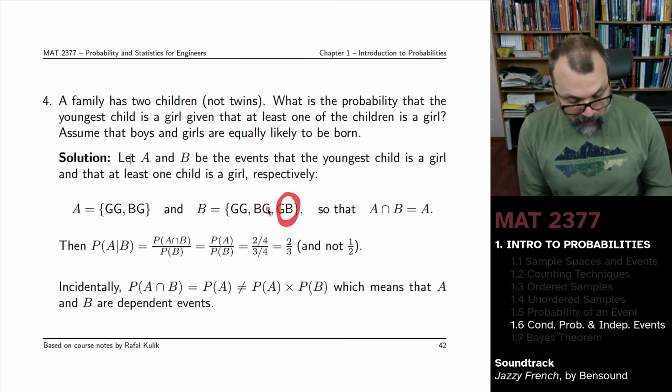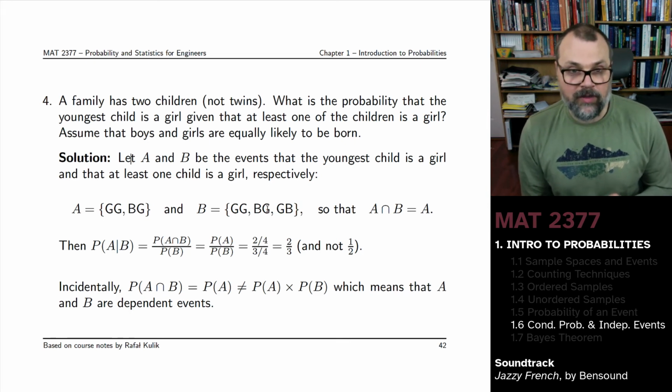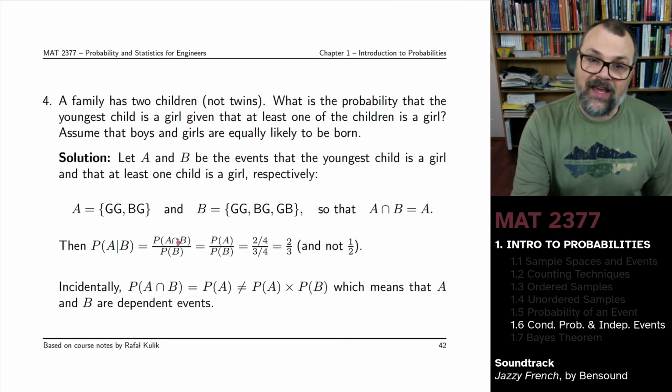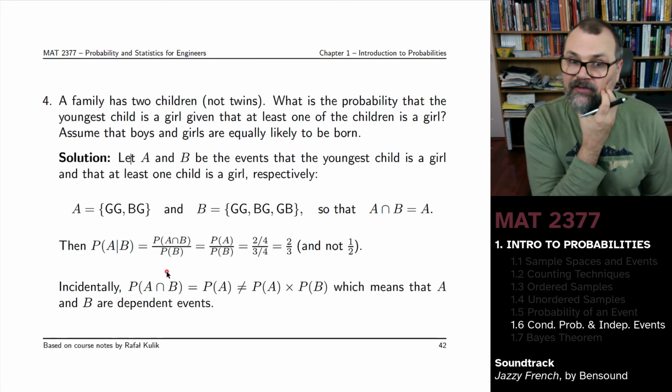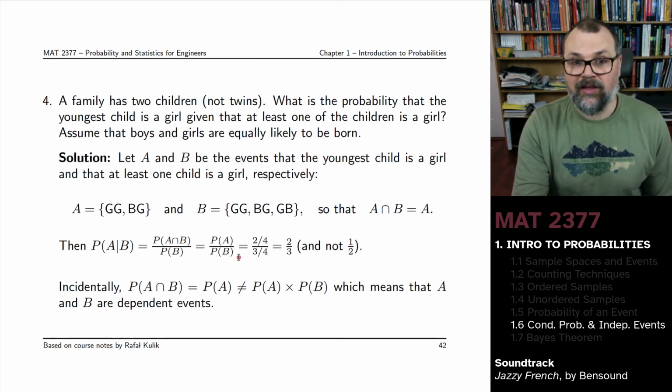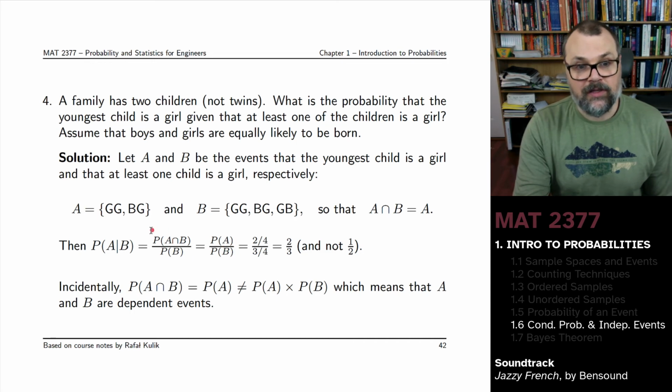So what's the probability of A given B? What's the conditional probability of A given B? We just use the formula. It will be the probability that we have A and B divided by the probability of having B, which in this specific case is the same thing as the probability of A divided by the probability of B, because the intersection of A and B is indeed exactly equal to A. The probability of A is the number of outcomes in A divided by the total number of outcomes, 2 over 4.